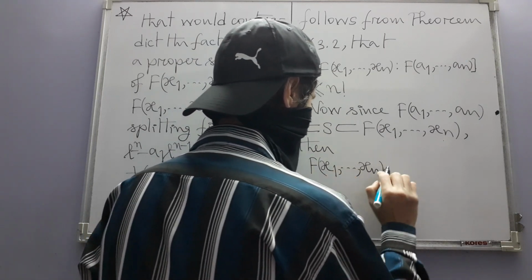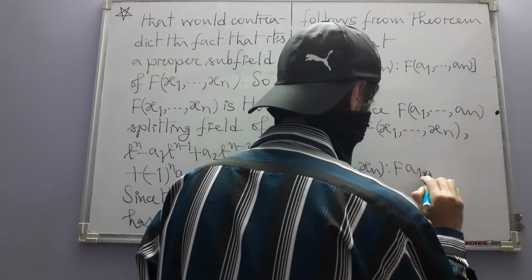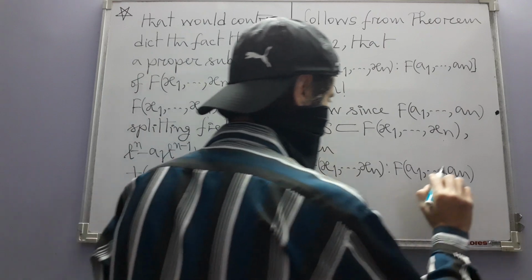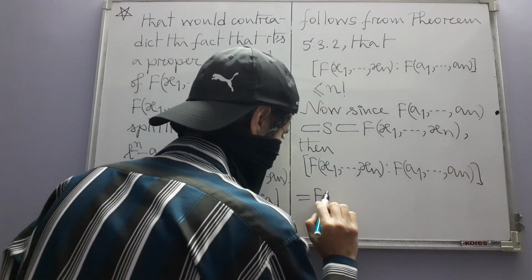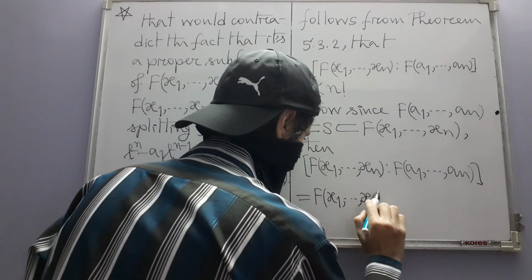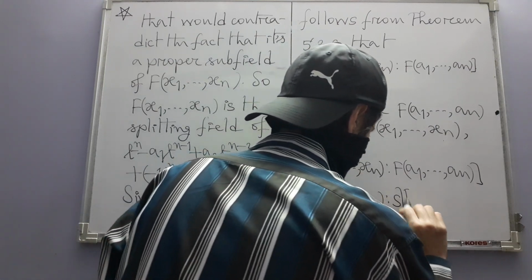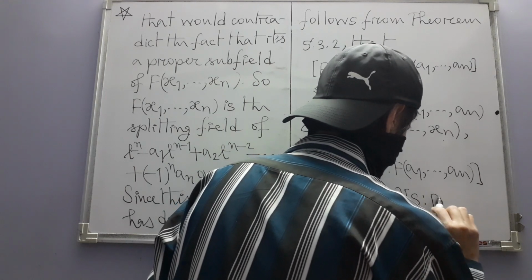The degree of the largest field over the smallest one here is equal to the product of the degrees of the largest field over S and that of S over this.